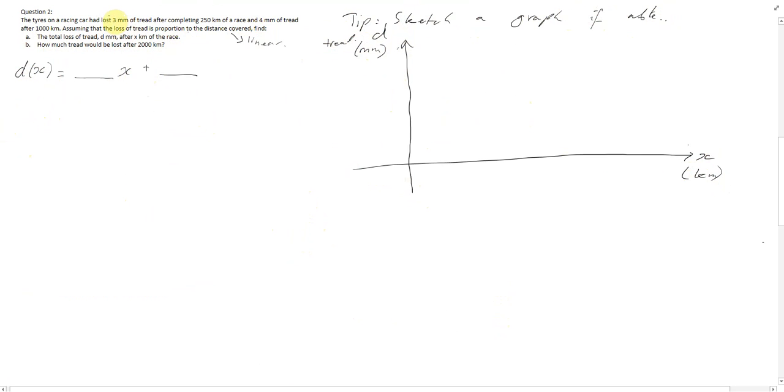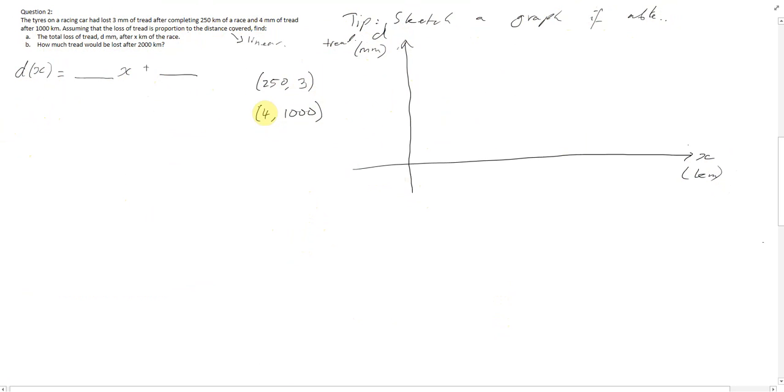There's this 3 millimeters of tread after 250 kilometers. So we have this point that is 250 kilometers, 3 millimeters. So make sure you get these around the right way. The kilometers one's the x one, so it needs to come first. And our second point is 4 millimeters after 1,000.